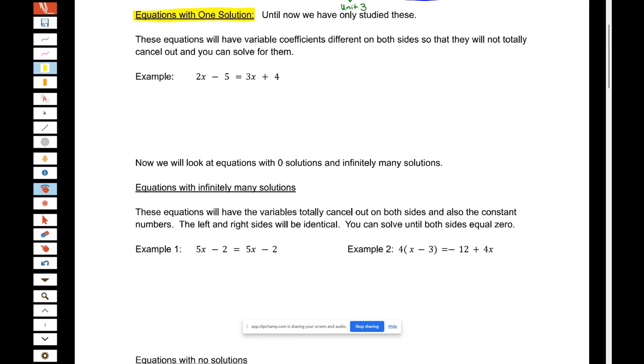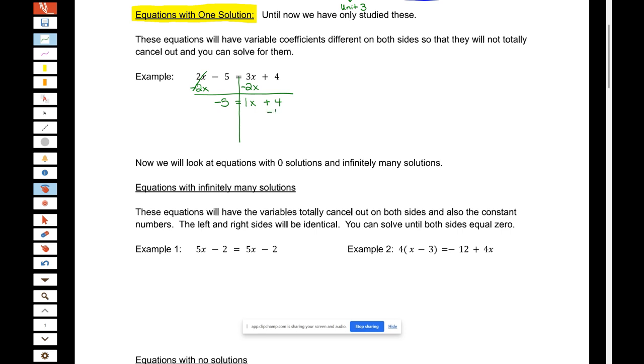Okay, until now you've only done these, and this example is one just like what was in the previous lessons. So if we were going to solve the equations, notice when I subtract the 2x on each side, to move my smaller variable to the right and get my variables all to one side, I still have some x's left. I have one x or just x, but those cancel, okay? Whenever that happens, you can keep solving and get what x is.